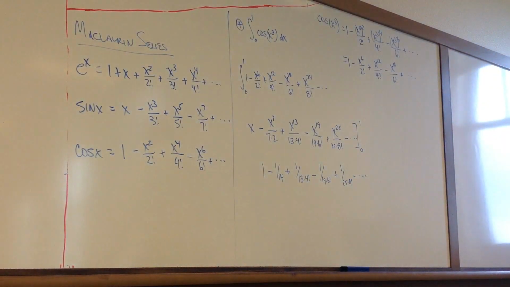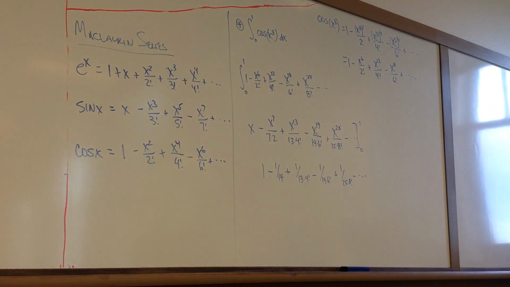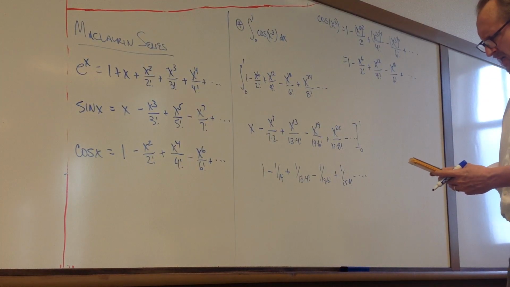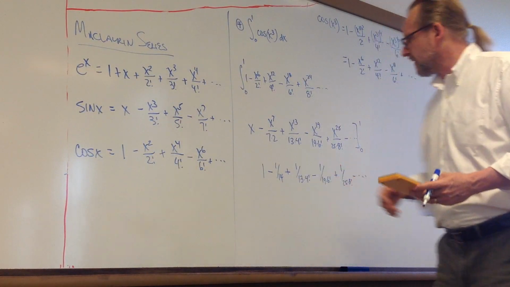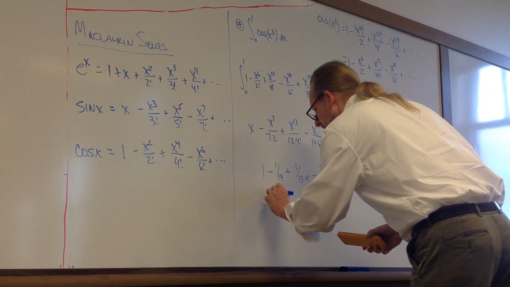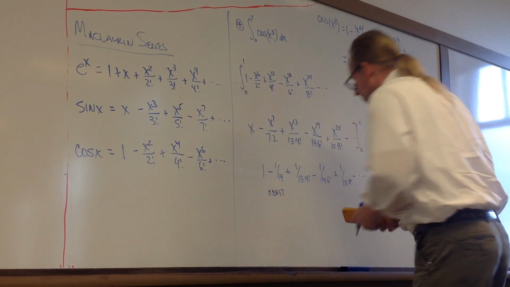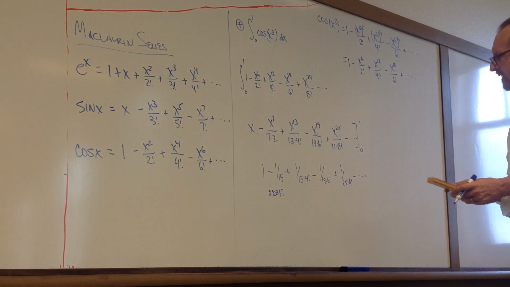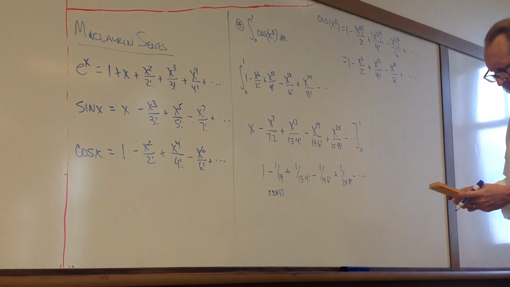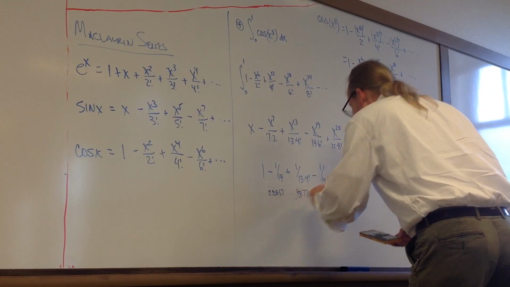I'll start out with just the first 2 terms: 1 minus 1 over 14 comes out to about 0.928 or so, 0.92857. Then we add 1 divided by 13 times 4 factorial, giving 0.93177.